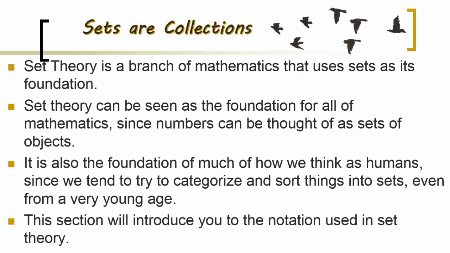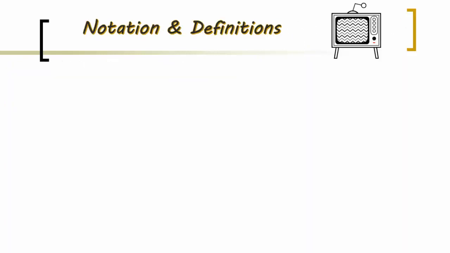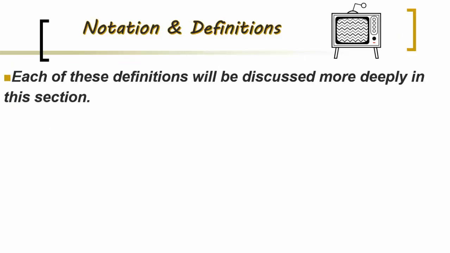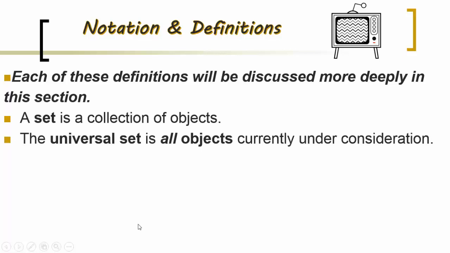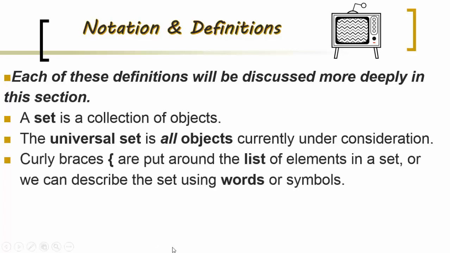So now we're going to introduce what's called set theory notation. Each of these definitions we're going to discuss more deeply as we go along in this session. So here we go. A set is a collection of objects. The universal set is all the objects that are under consideration, meaning all the objects that are there.